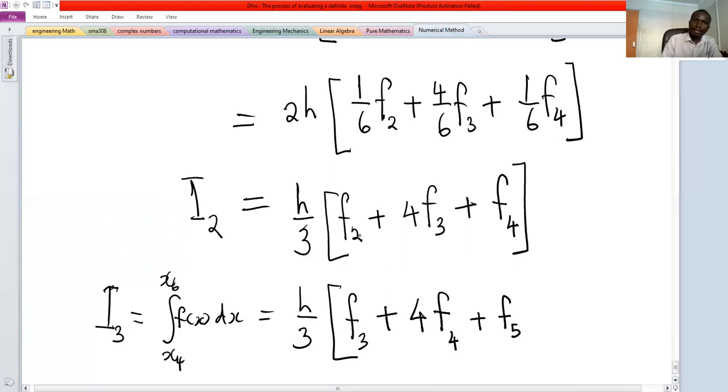I2 is given by F2, F3, F4. So this will be F4, now F5, and then this should be 6, because we are starting at F4.